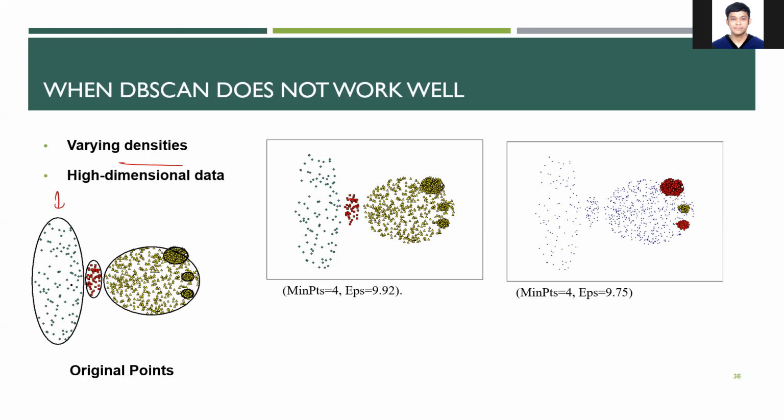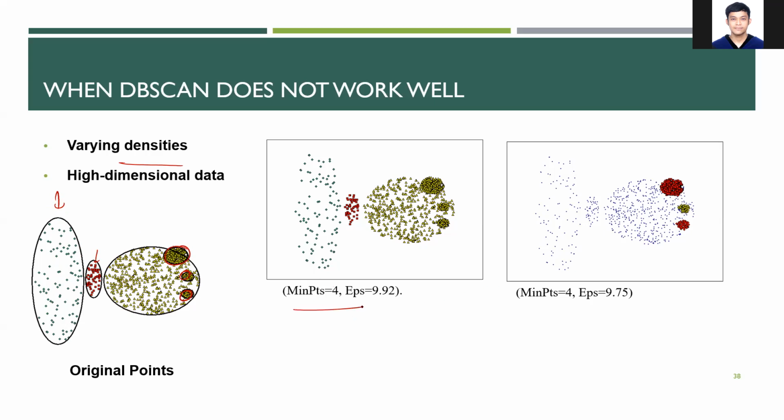You can see this density is not very high. This is medium, let's say this is low to medium, this is almost high, and this part is very high. So we use DBSCAN.